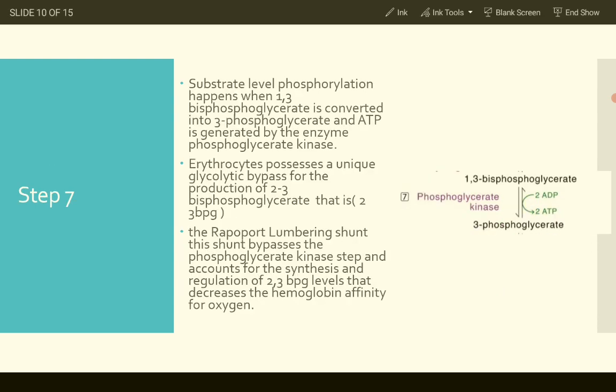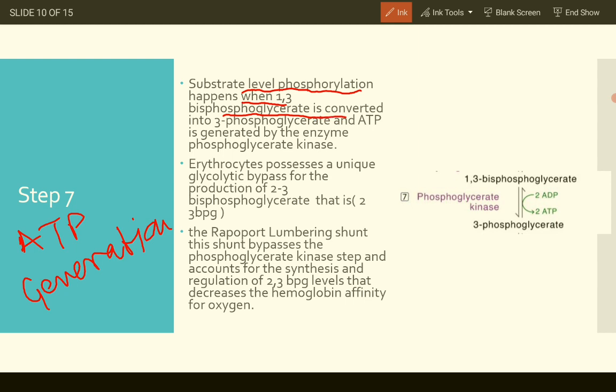Step 7. In step 7, substrate level phosphorylation occurs, which means that now ATP will be generated. In this step, ATP generation occurs, right? So substrate level phosphorylation happens when 1,3-bisphosphoglycerate is converted into 3-phosphoglycerate.